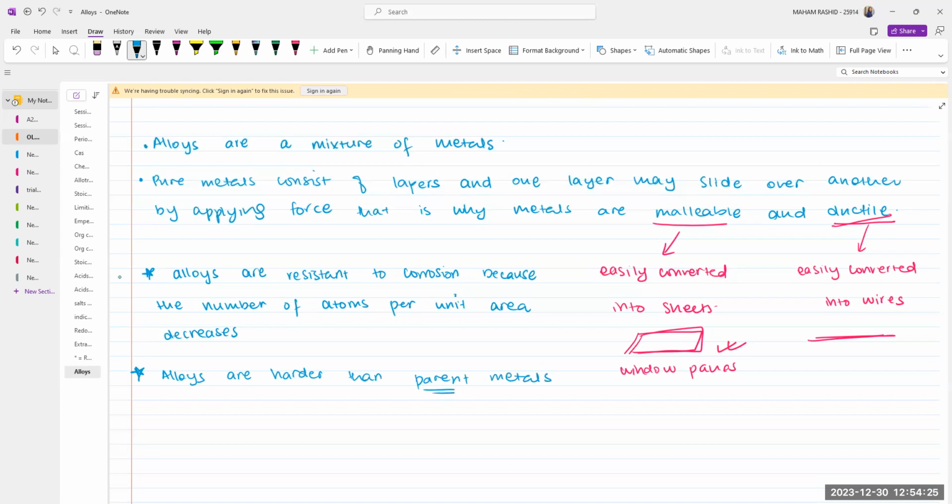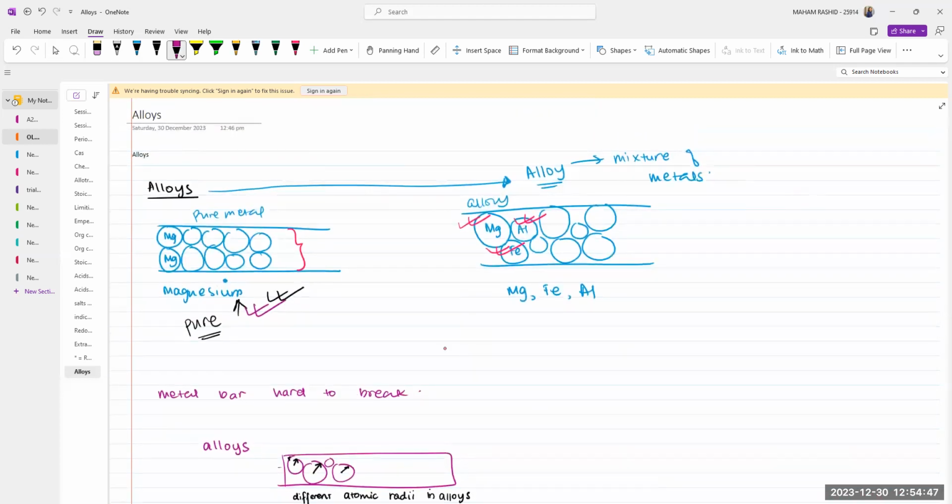What do we mean by parent metals? For example, I have a rod of magnesium and my alloy has magnesium and aluminum, right? So my parent metal was magnesium, into which I've added another metal to make it into an alloy. Now, as we discussed, the strength of the individual metal is way lesser than the strength of the alloy, right? Because the alloy contains the strength of all the metals combined.